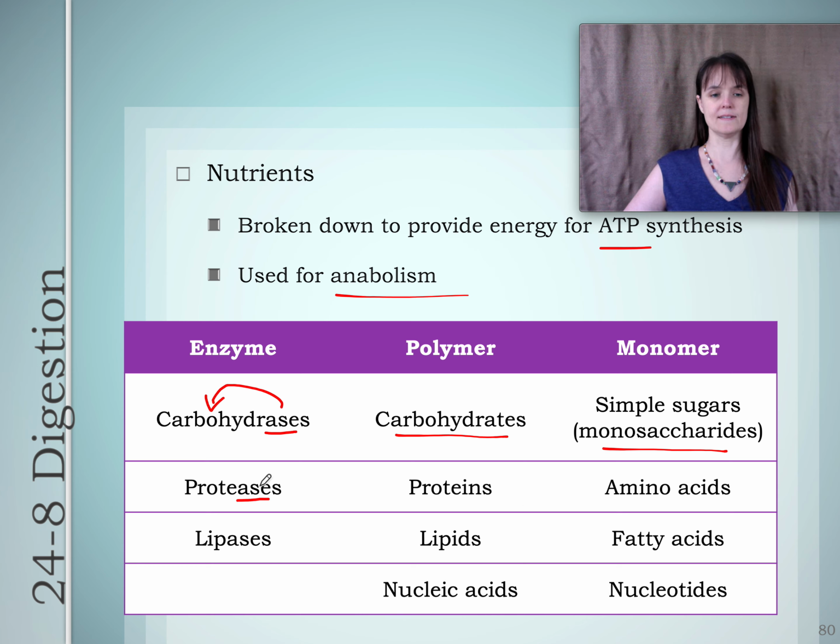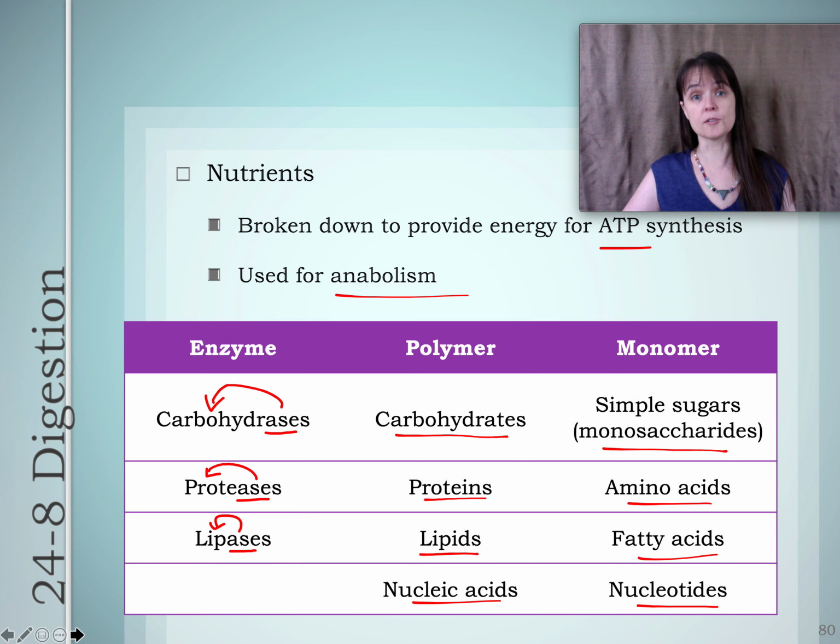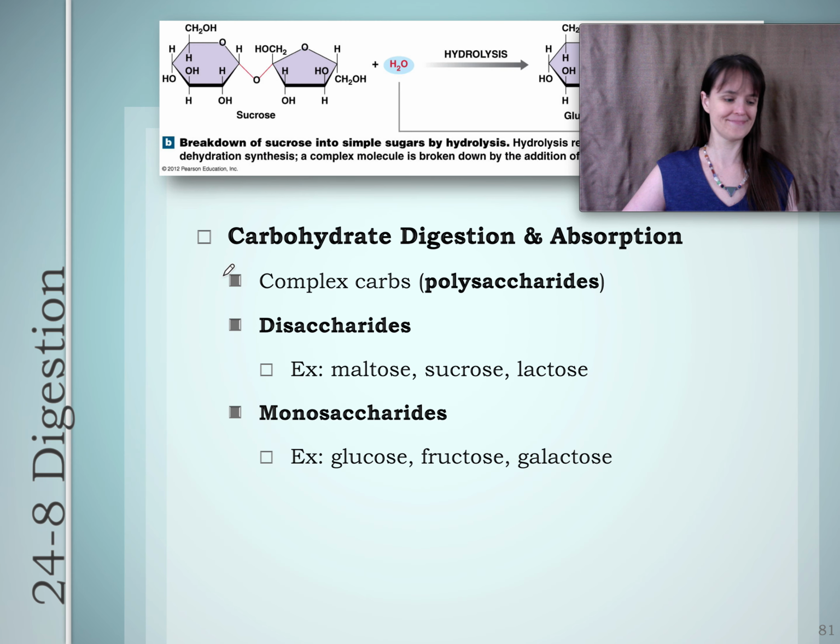Proteases break down protein into amino acids, and lipases break down fats into fatty acids, and also nucleic acids get broken down into nucleotides. They didn't give us an enzyme name for that, so I'm certain there is one, but we're not responsible for knowing it.